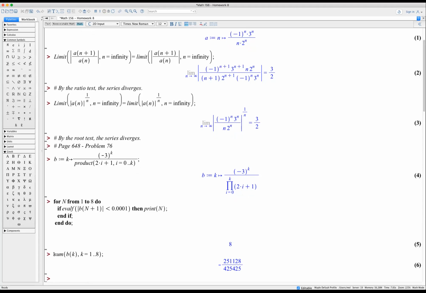Let me get this as a decimal. And suppose I want the infinite series, sum to infinity.